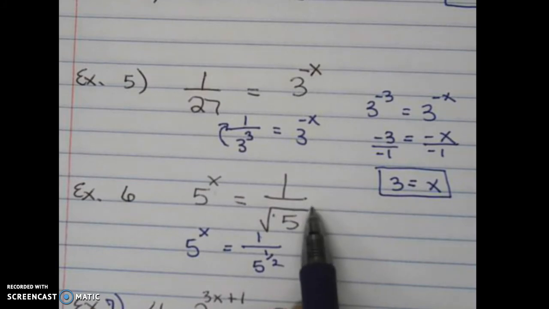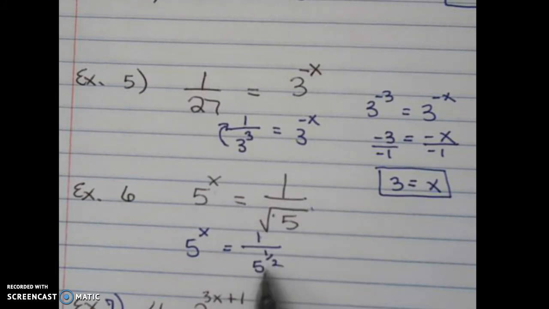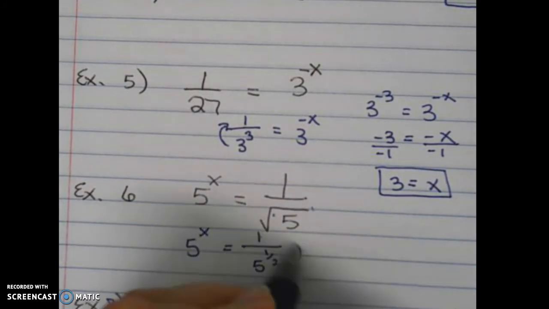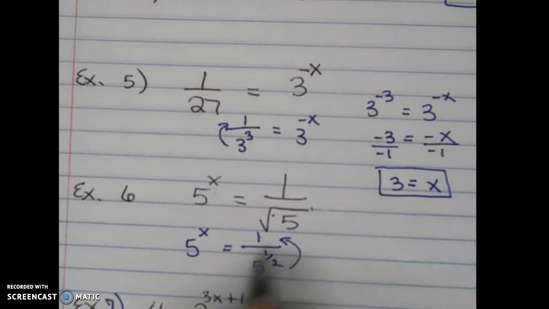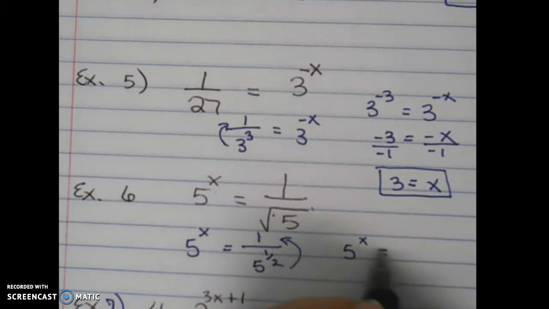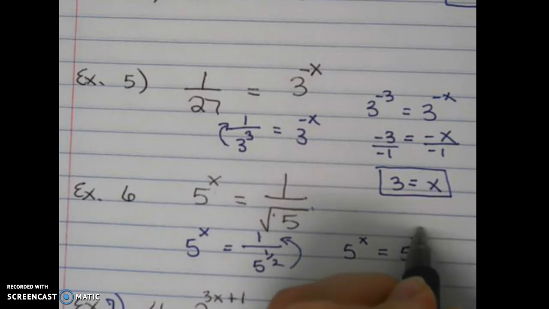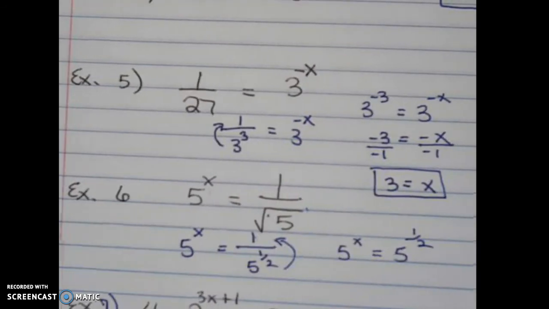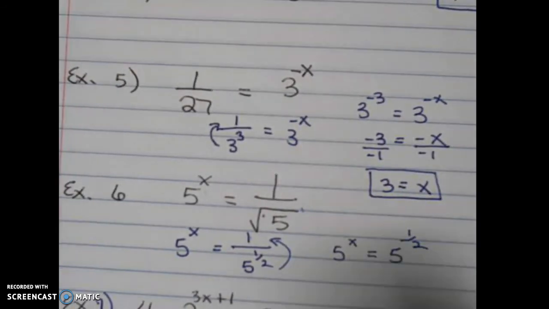The power is 1, the root is 2, and we'll move that to the top to make both of the bases in the numerator. And now that our bases are the same, we know that x equals negative 1/2.